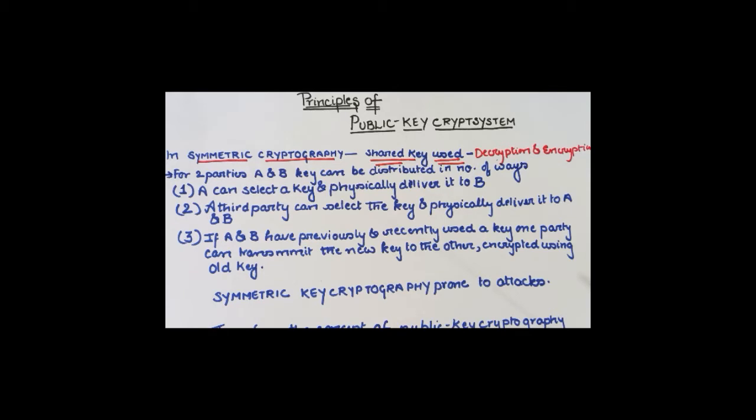They can encrypt the new key using the old key, and then the receiver side will decrypt the message and have the new key using the old key. Can you understand? For example, we two are communicating. I came to you 10 days earlier and told you that this is going to be our shared secret key. And after 10 days, I realized that there's a need to change the key. What I can do is use my old key to tell you the new key. That is the third method.